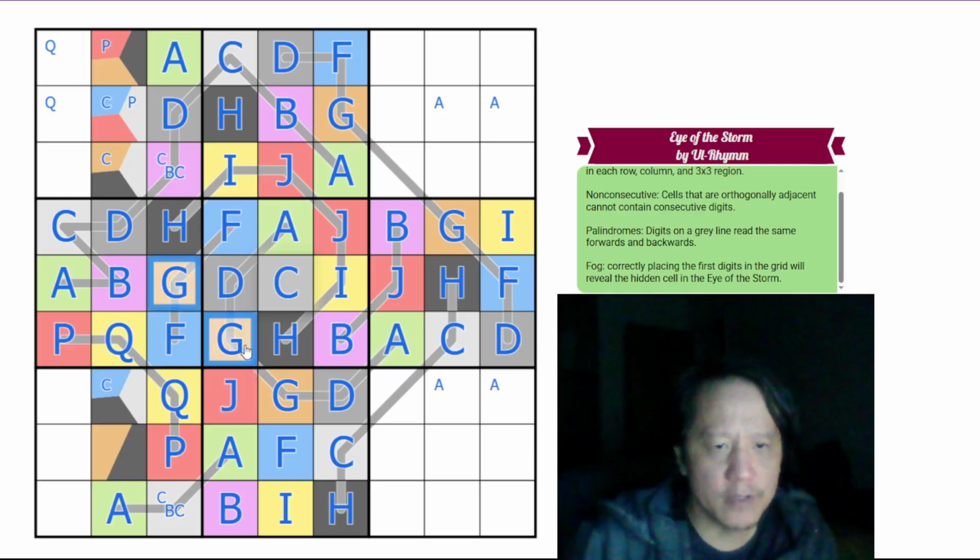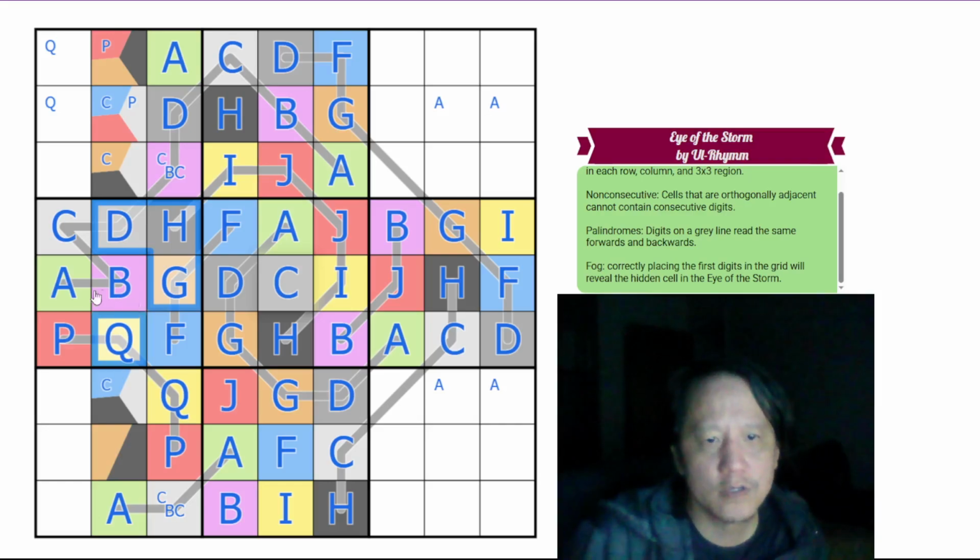F cannot be with G or Q, which would be I. Cannot be H or D. Obviously, B is removed. Cannot be next to A. It's next to C. So that means P would have to be 3 or 7.